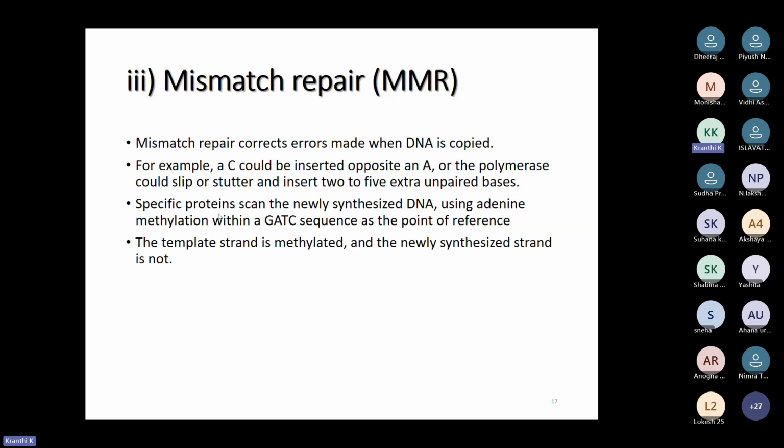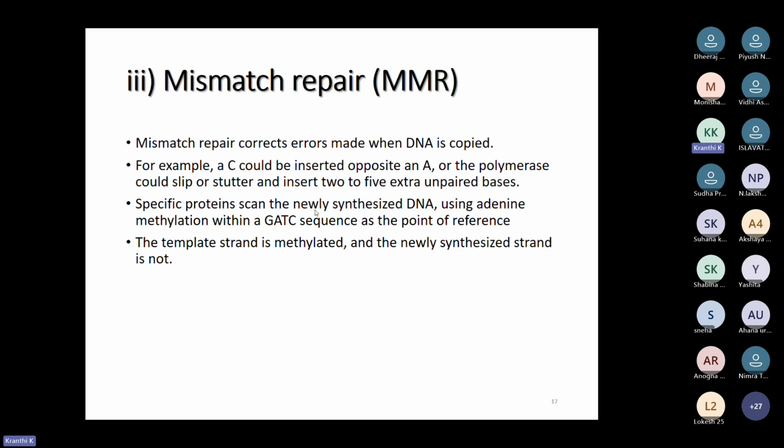Or the polymerase could slip or stutter and insert 2 to 5 extra unpaired bases. Means maybe in the place of C, A came, or in the place of A, C came, or sometimes because of the flipping, 2 to 5 extra base pairs also get added. So specific proteins scan the newly synthesized DNA. I told you this is called proofreading, right?